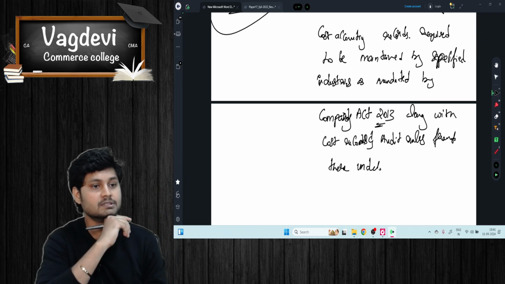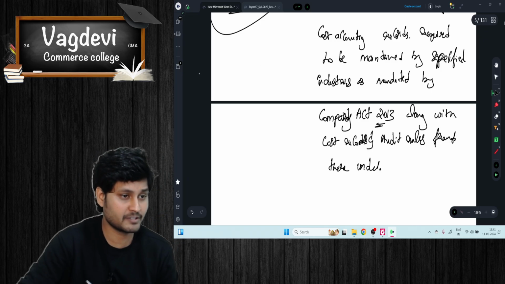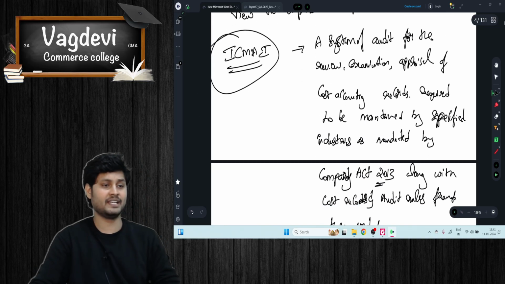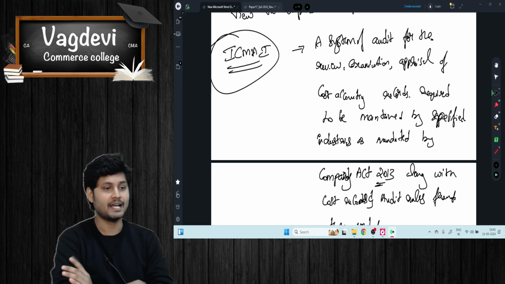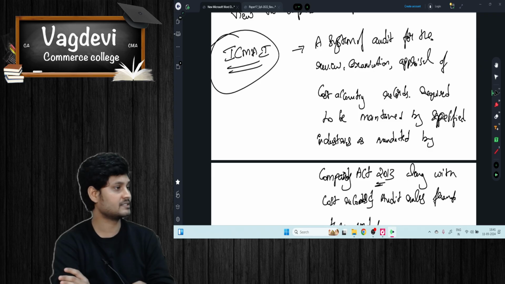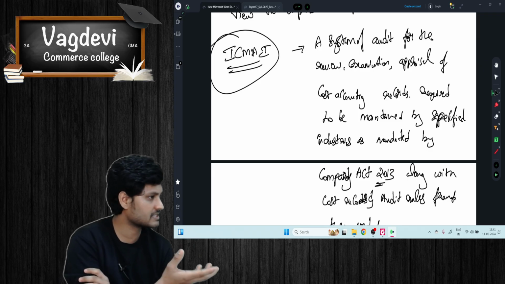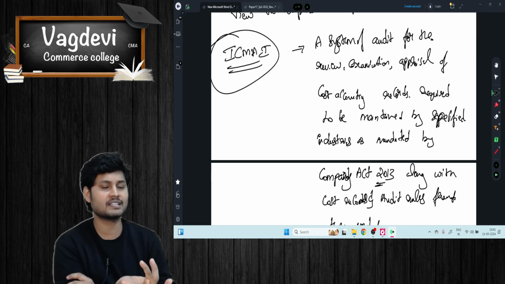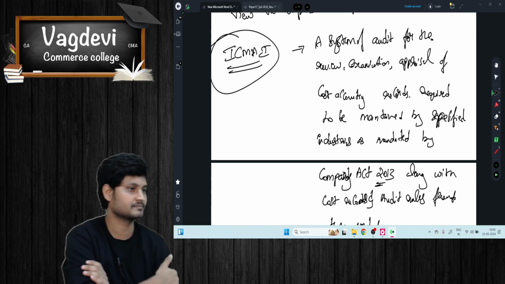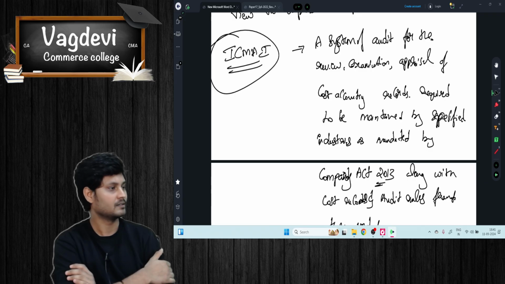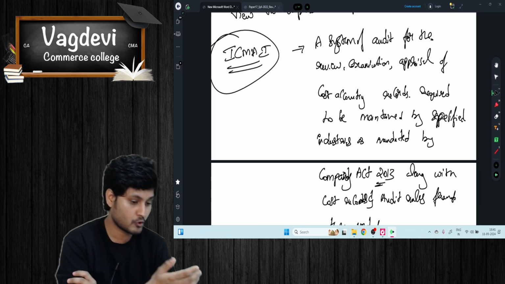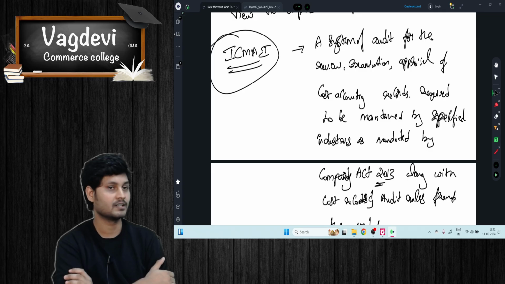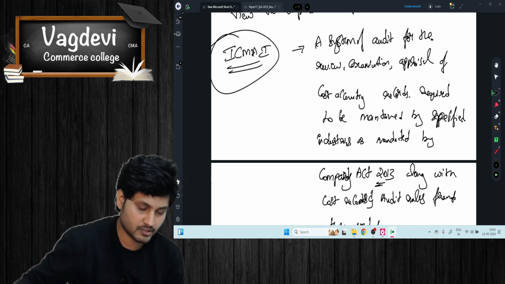Easy. So this is the meaning given by ICMAI. It is a system of audit for the review, examination, appraisal of cost accounting records. Who said to prepare cost accounting records? The Companies Act 2013 and rules made thereunder. This is the general meaning given by ICMAI. Okay, that's it. So let us talk about the scope of the cost audit.